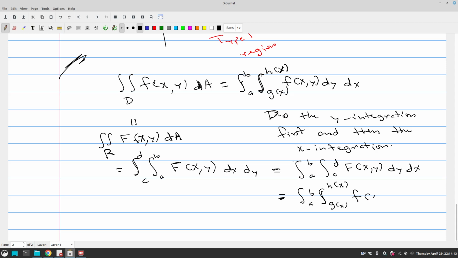In fact, I could write small f(x, y) as large F(x, y) without any consequence, dy dx, and this would be equal to the integral from a to b, g(x) to h(x) of small f(x, y) dy dx.